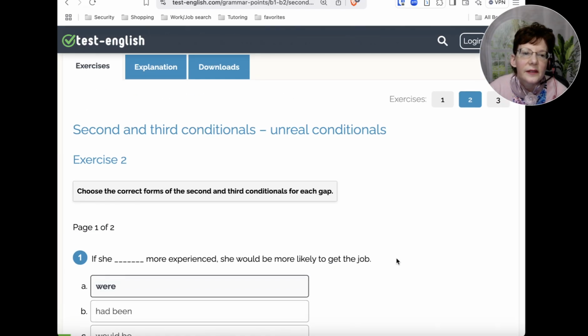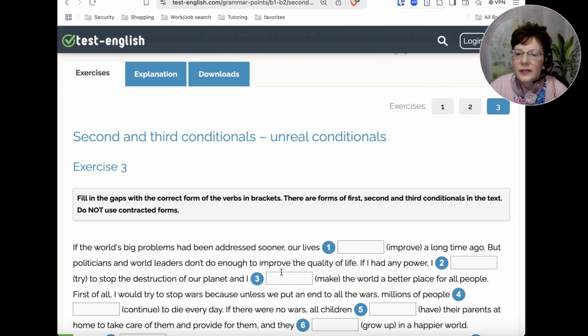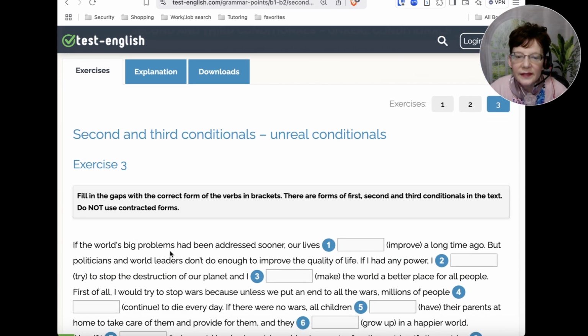Okay, let's check the third exercise really quick and see what's there. We'll do a few of these. So, "If the world's big problems had been addressed sooner, our lives ___ improved a long time ago." For this verb, this one is third conditional.